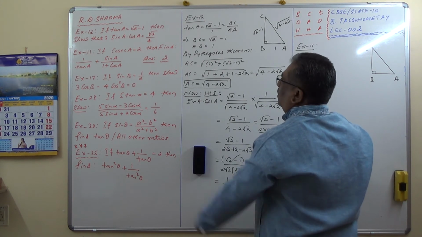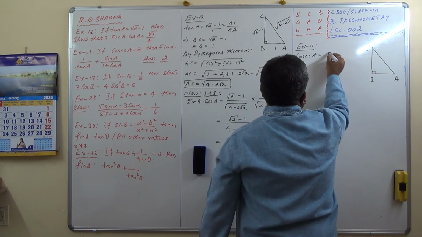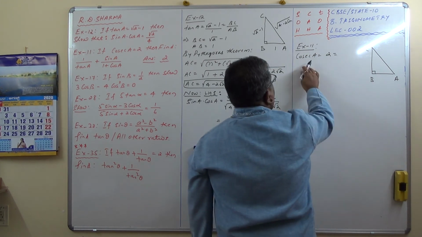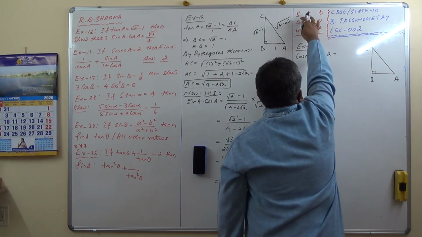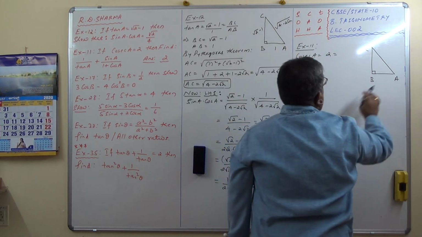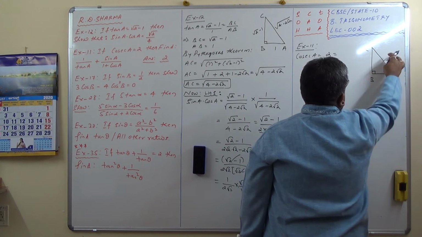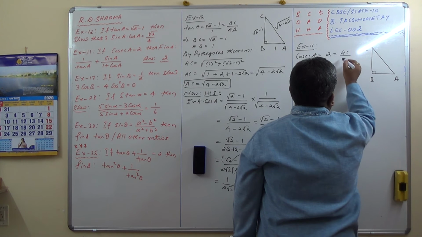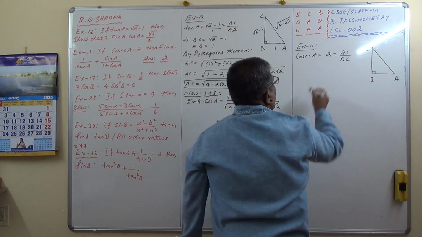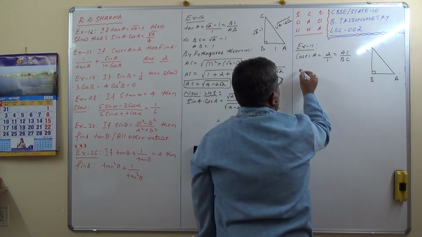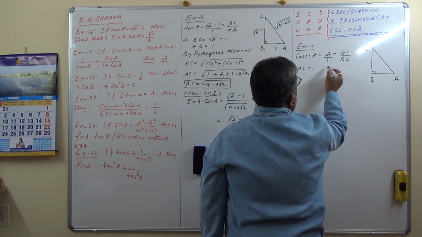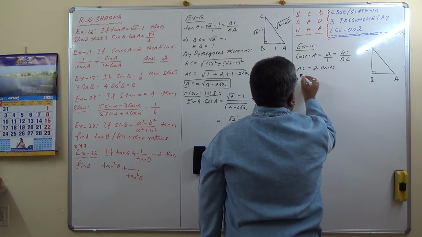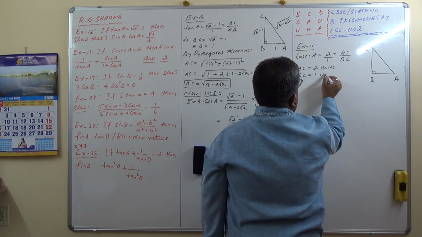Cosecant A equals 2, meaning cosecant is the reciprocal of sine. Hypotenuse by opposite side. Hypotenuse AC by opposite side BC. So this can be also written as 2 by 1. So AC equals 2 units and BC equals 1 unit.